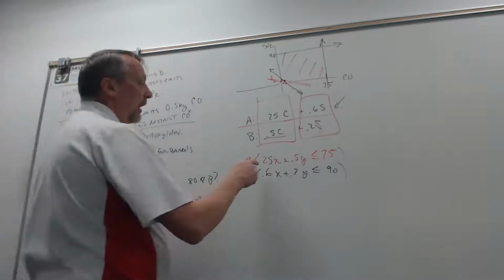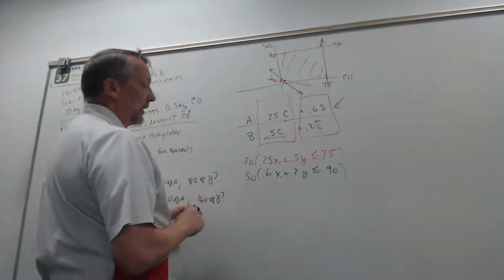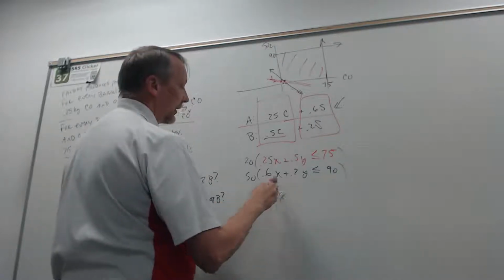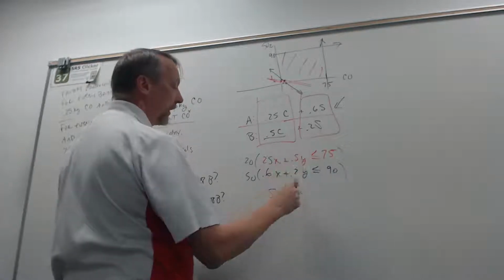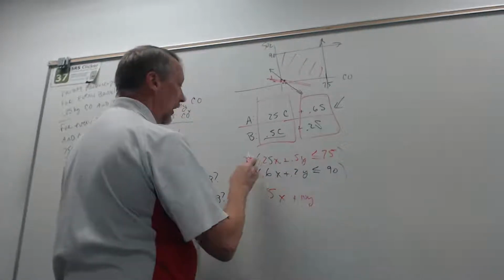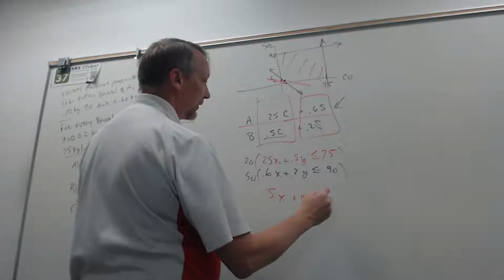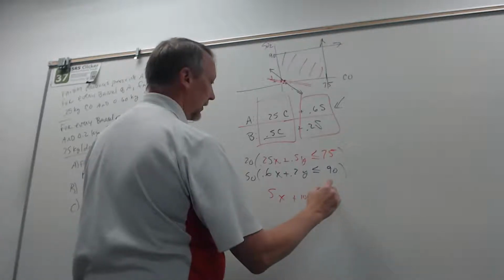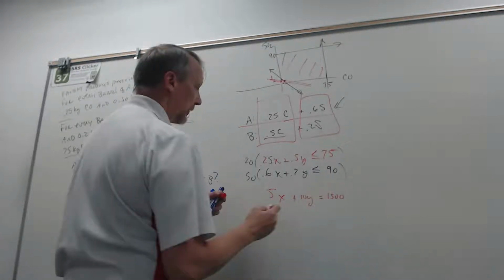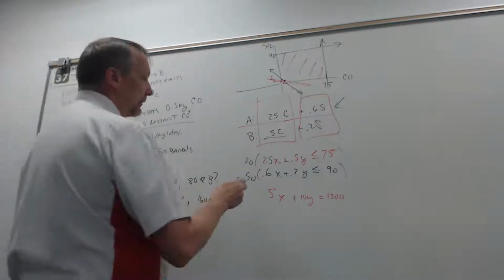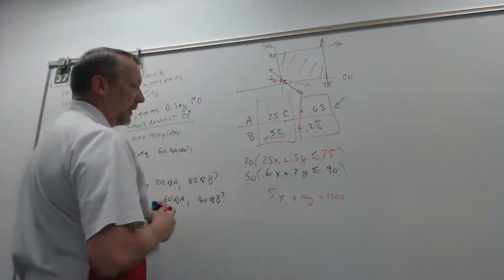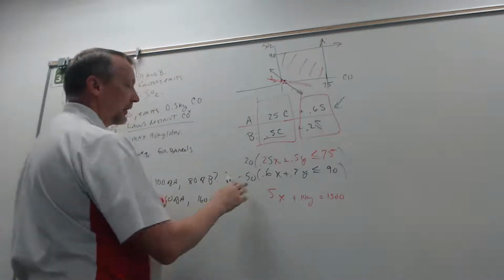So 20 times 1/4 is 5x. 20 times a half is 10y. And 20 times 75 is 1,500. 50 times, you should do -50. Yeah, that's a good idea.